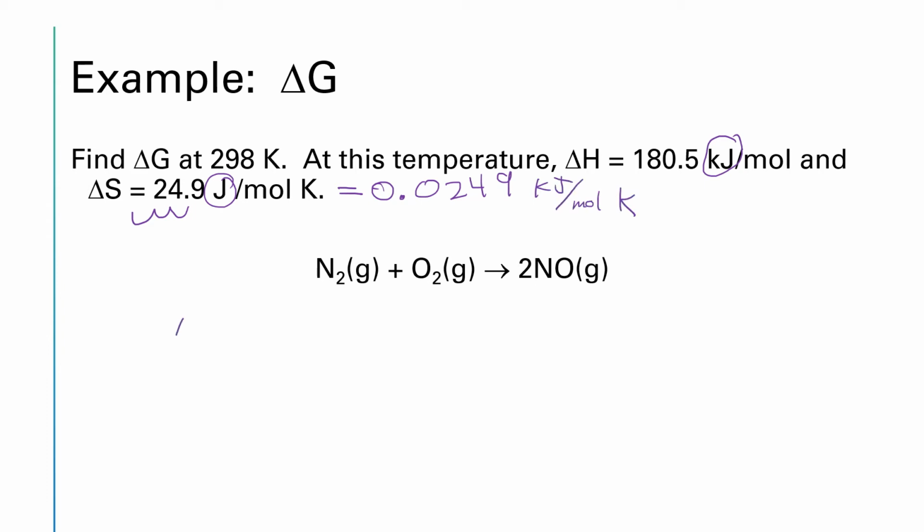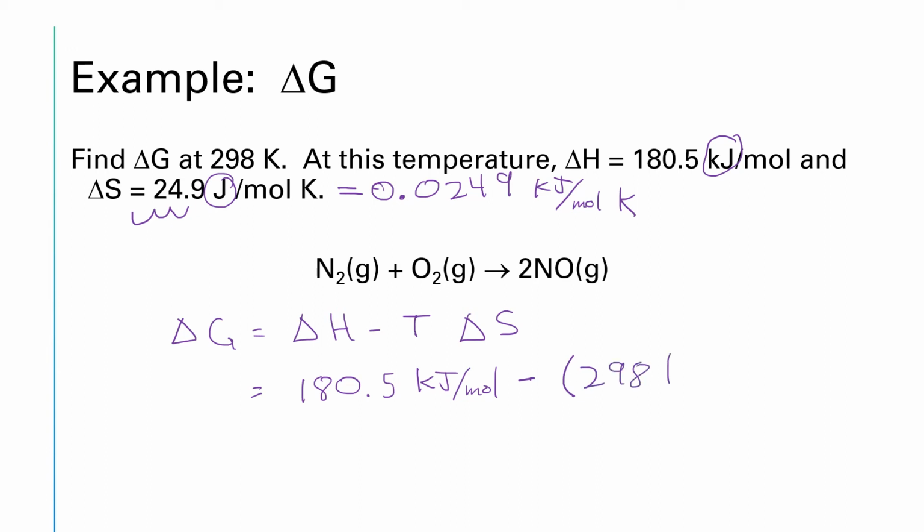All right, so delta G is equal to delta H minus T delta S, and delta H is a positive 180.5 kilojoules per mole, minus T, well, let's see, T is 298 Kelvin, and delta S is 0.0249 kilojoules per mole Kelvin.